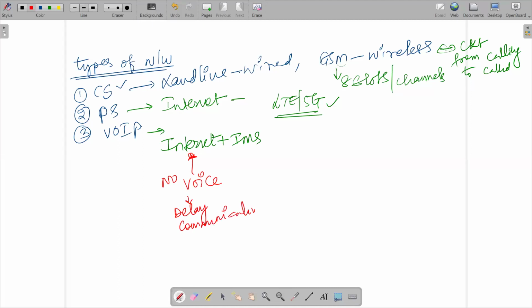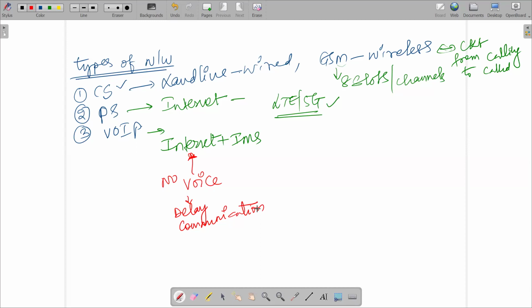Latency will be higher compared to the CS network. In CS network, there will be no latency or delay. Once circuit is established, instantly either data or voice will be received by the called party, or you can say the receiver. So there is no delay because of the same path.